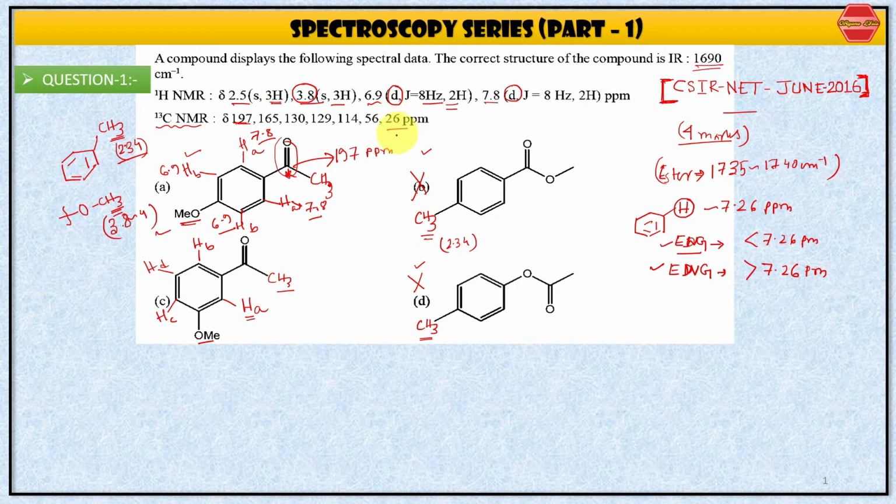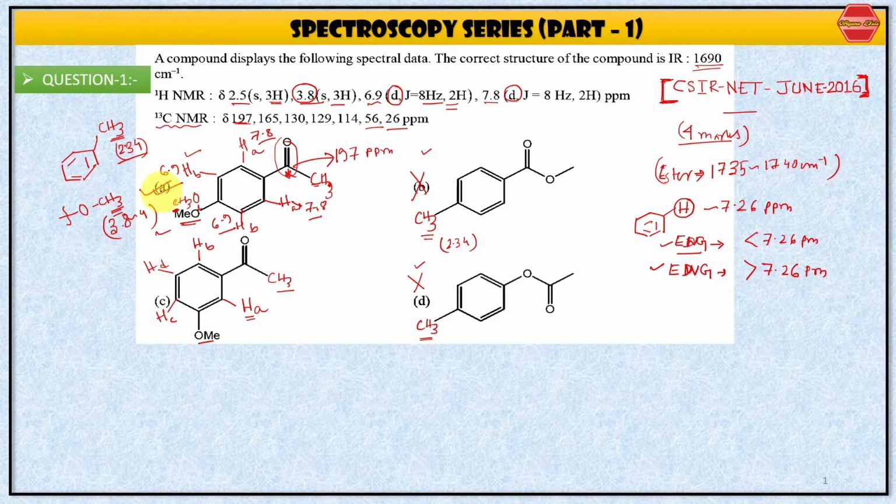This 26 value is for this carbon only, one CH3, and this 56 value is for this OCH3 group. This carbon shows 56 just because it is attached to this electronegative oxygen group, right? So this is how we can easily predict the answer: your correct option is option A.